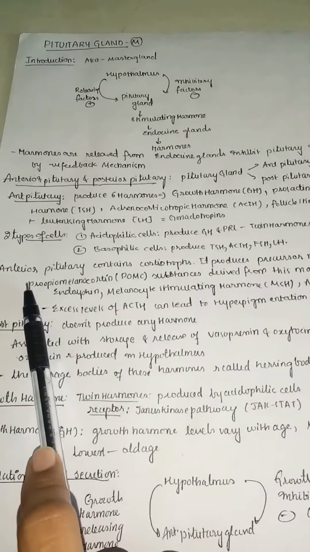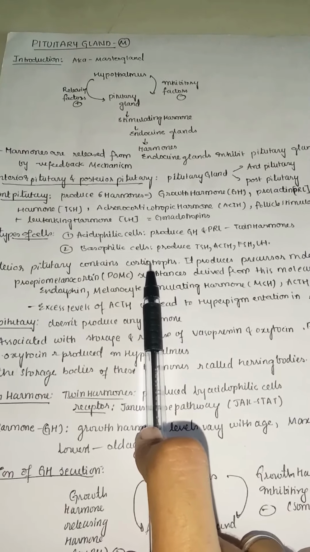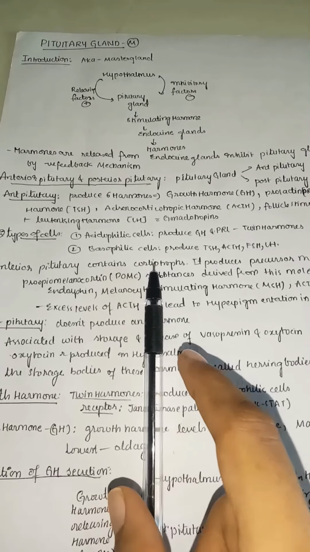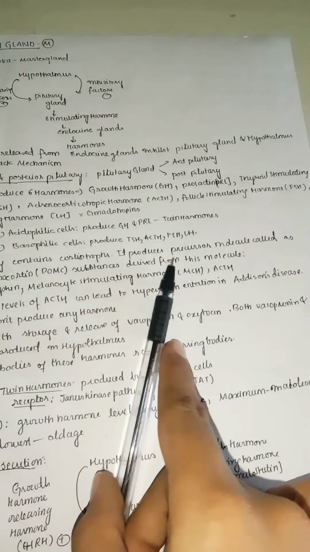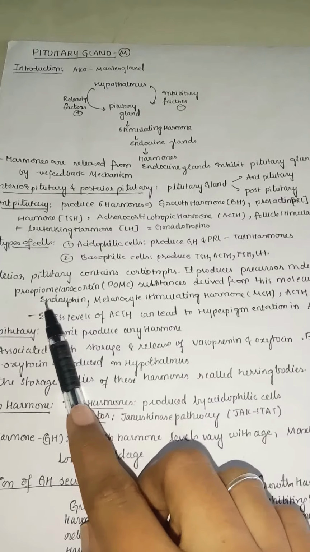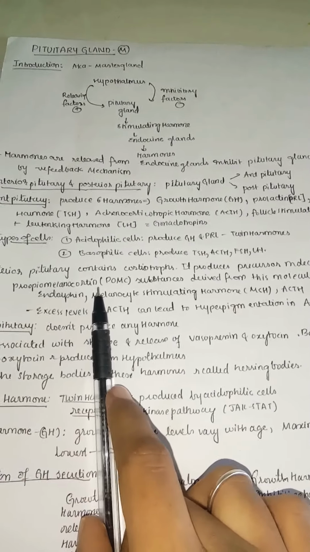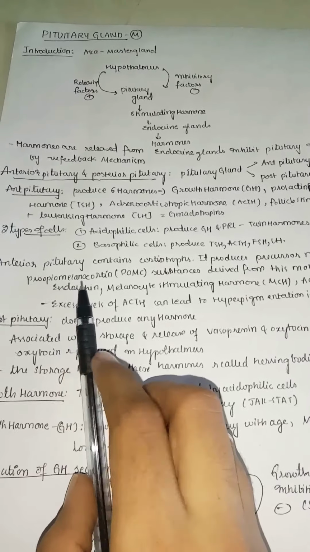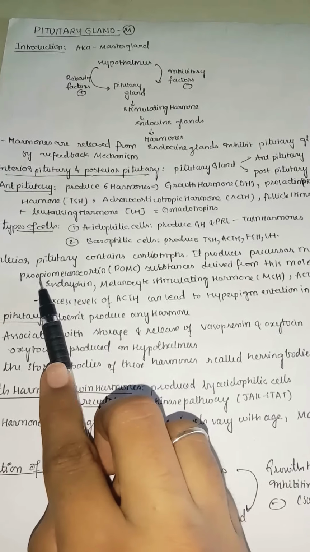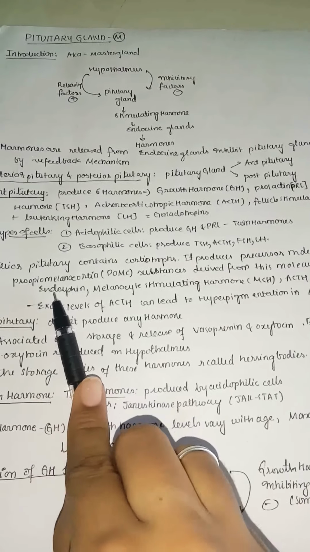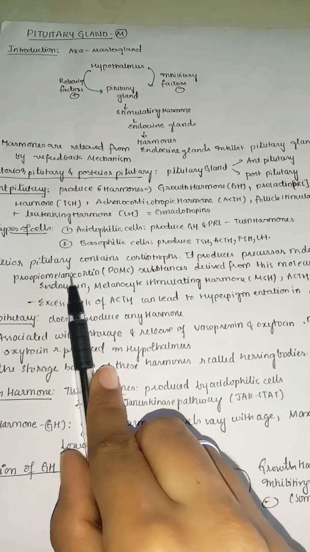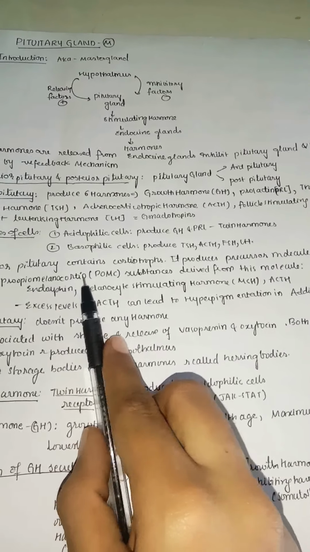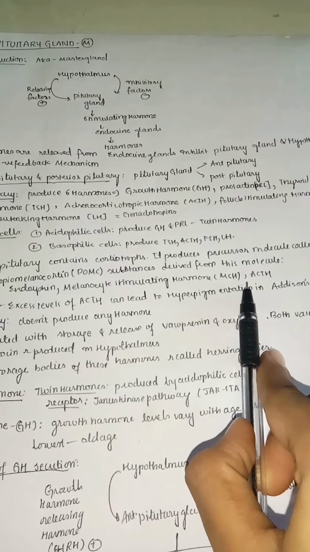The anterior pituitary also contains corticotrophs. Corticotrophs produce a precursor molecule called pro-opiomelanocortin, POMC. From the pro-opio part, it forms endorphin, which is an opioid. From the melano part, it forms melanocyte stimulating hormone, and from the cortin part, it forms adrenocorticotropic hormone.